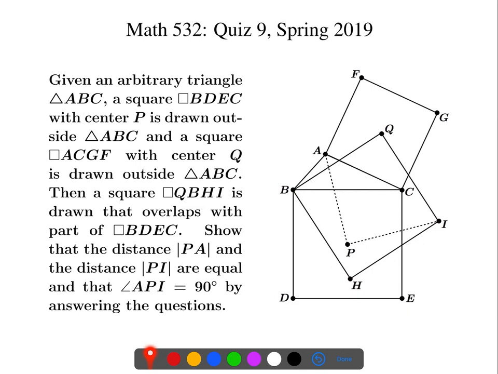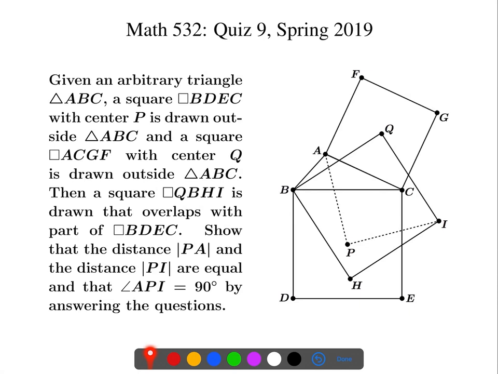And the problem is to show that the distance from P to I and the distance from P to A have to be the same, and that this angle API has to be a 90-degree angle, a right angle. So that's what we're after.